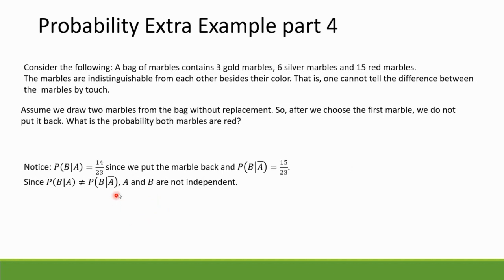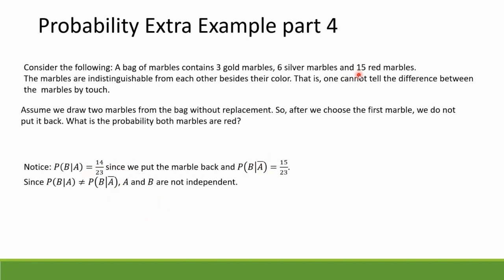All right, so here, now we just found the probability of B given A, right? What about this, though? The probability of B given that A has not occurred. Well, if A did not occur, the first marble we chose was not red.